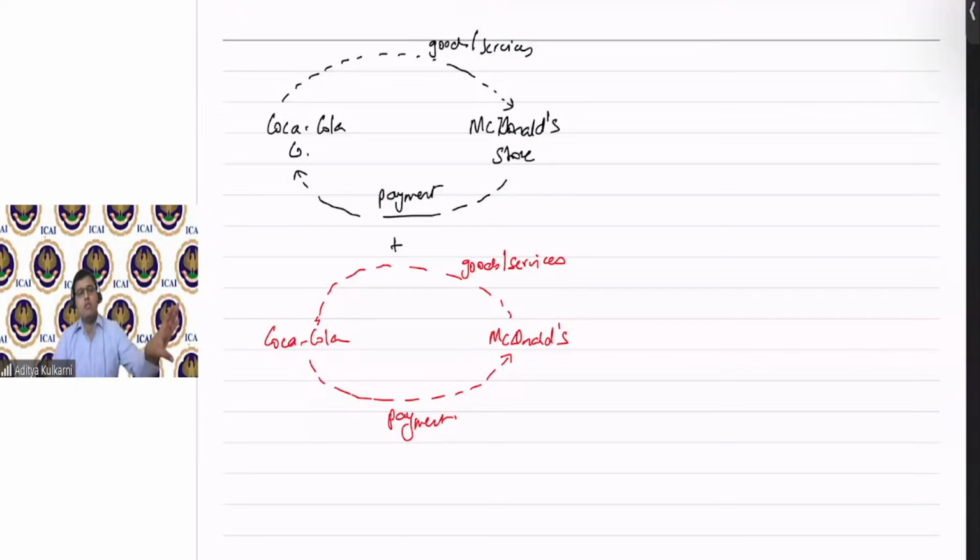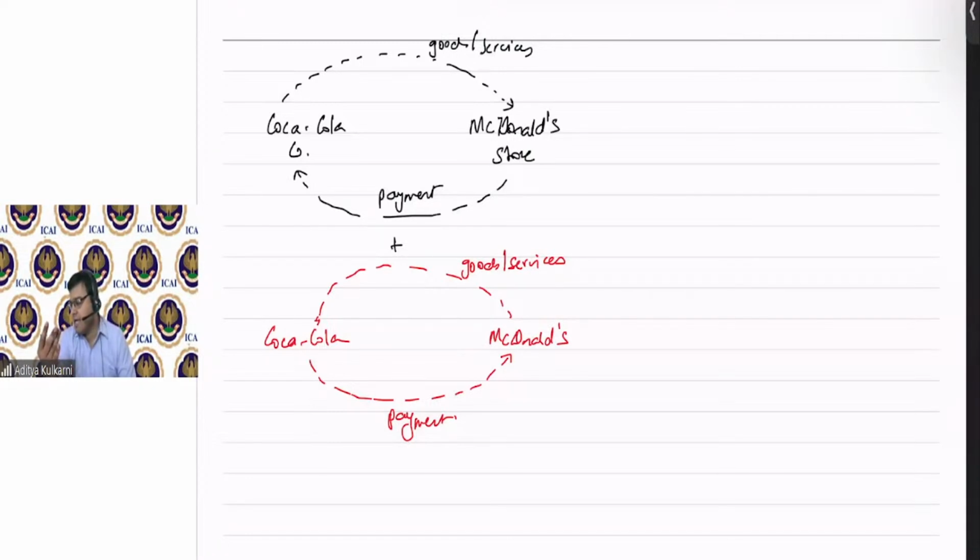First one was, such goods or services must give benefits to the customer. That means what McDonald's is providing should give benefit to the Coca-Cola company. Is it giving benefit? Yes. By keeping a dedicated Coca-Cola counter in their shop, Coca-Cola's revenues are increasing. So it is a direct benefit. So that part is met. Now the second part is, it should meet those three non-negative conditions.